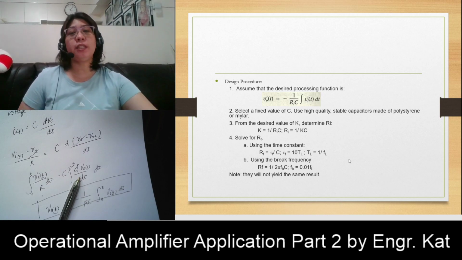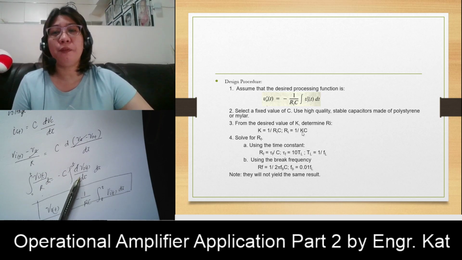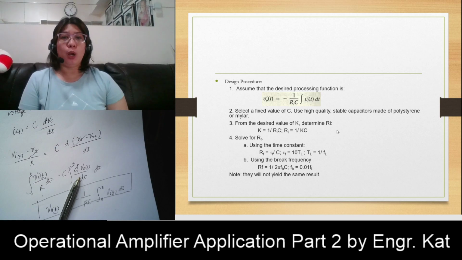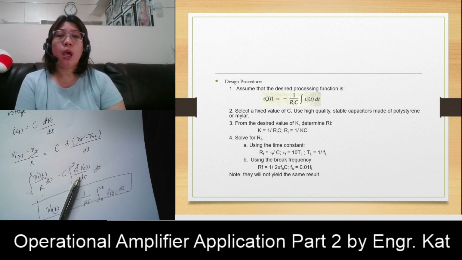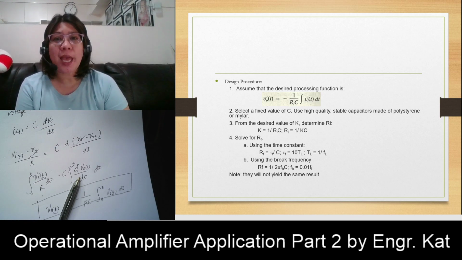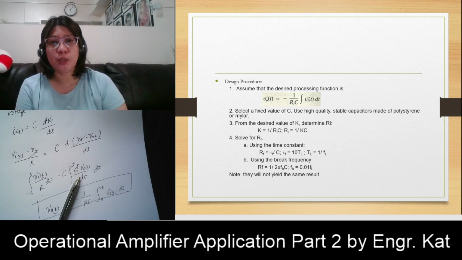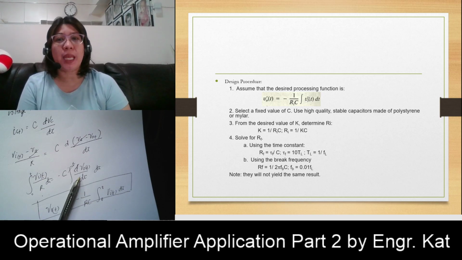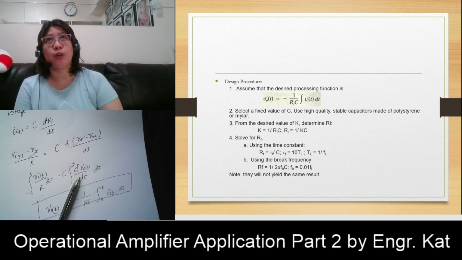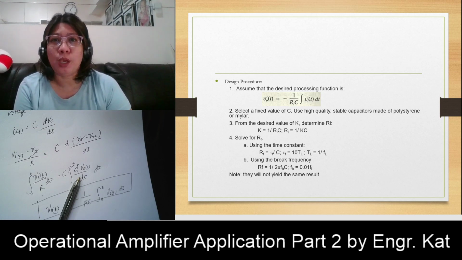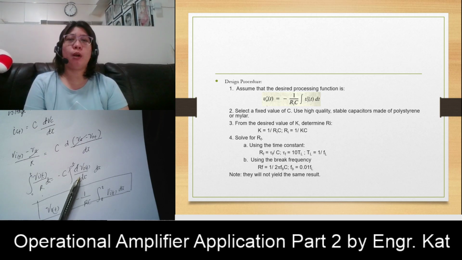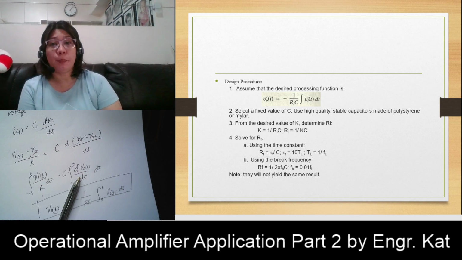The first step is to select a fixed value of capacitor. We are going to make use of high quality stable capacitors made of polystyrene or mylar. These are capacitors with no polarities, so we are making use of non-electrolytic capacitors.